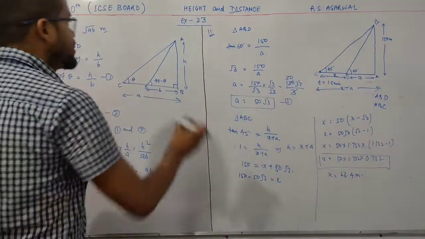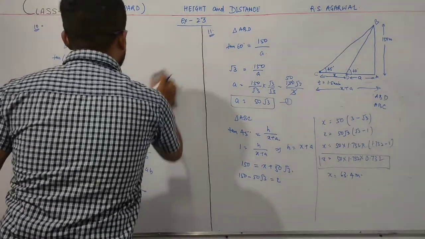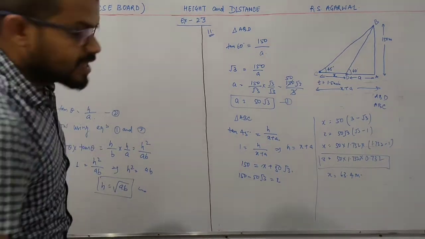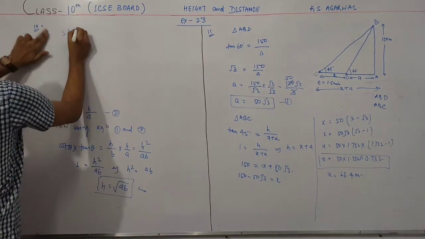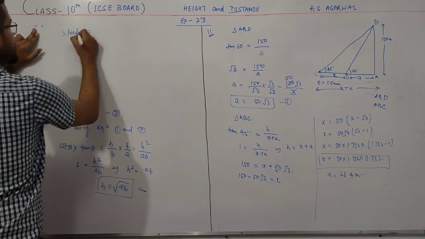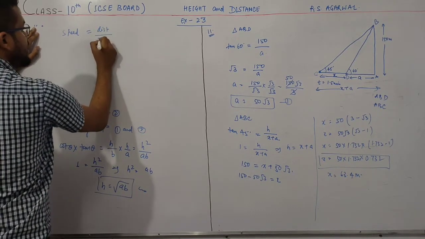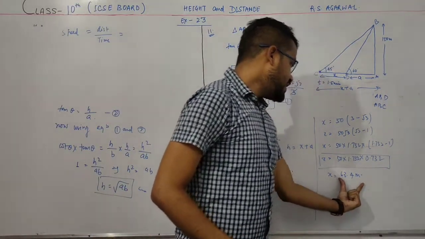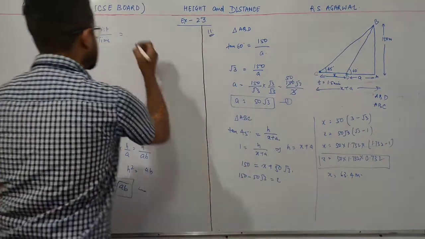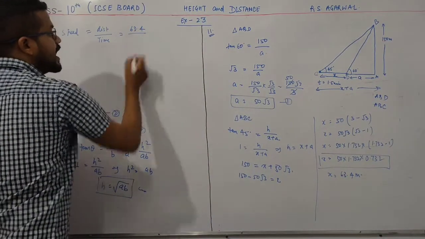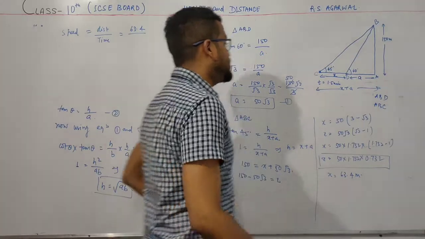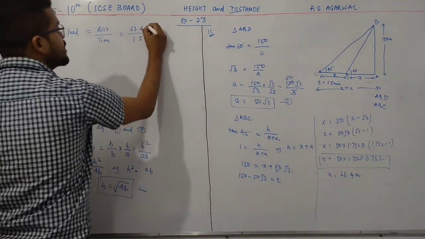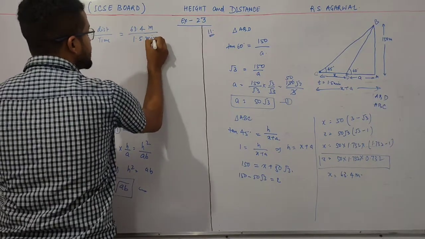So we already know the distance and the time is also given in the question. Using both of these, speed is equal to distance upon time. The distance we calculated is 63.4 and the time is given, which is 1.5 minutes. This is in meters and this is in minutes.